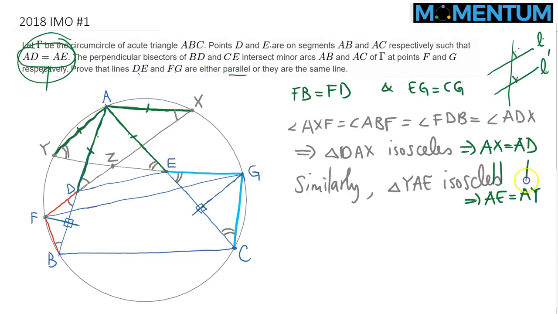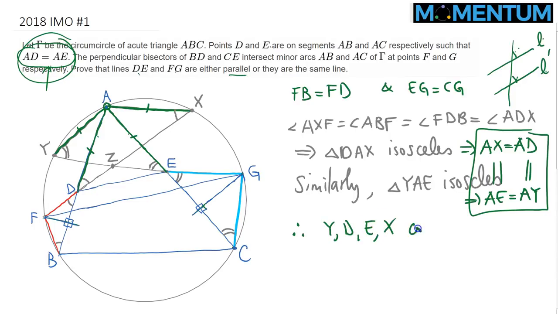That suggests we have a circle centered at point A which goes through the points Y, D, E, X. So Y, D, E, X are concyclic, and the center of that circle is the point A.